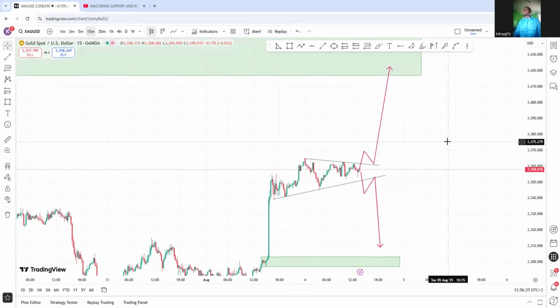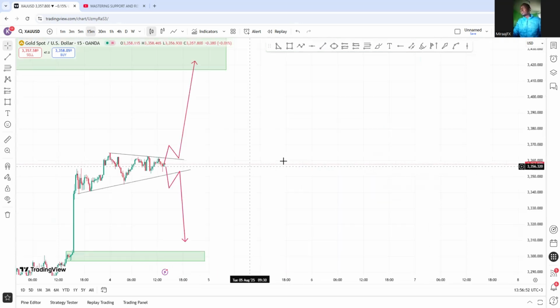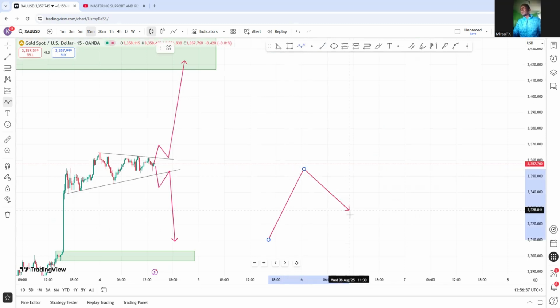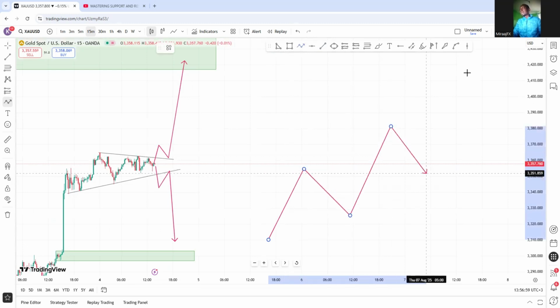So the 4-hour time frame is going to give you the key levels. Look for support and resistance zones on the 4-hour time frame. Look for rally, base, rally, or rally, base, drop. What am I talking about? Let me just show you here. If the market is forming higher highs and higher lows, like it's going up like that, you're supposed to be looking for these areas.